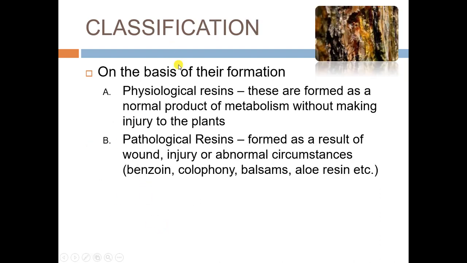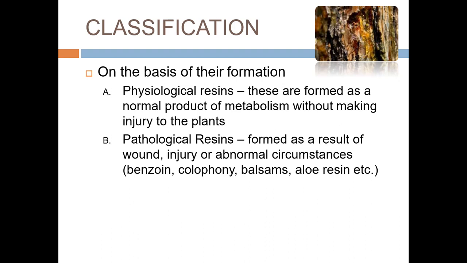According to the classification of the resins on the basis of their formation, they can be classified into two categories. The first one is physiological resins, and the second one is pathological resins. Physiological resins are those which are formed as the normal product of metabolism without making injury to the plants.